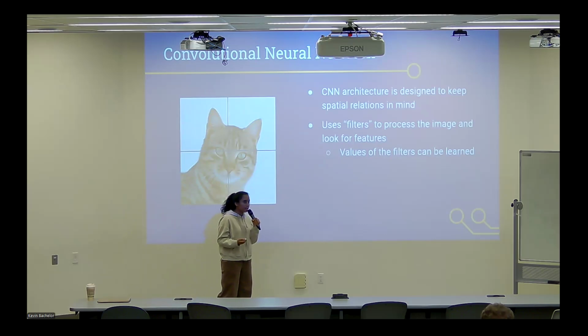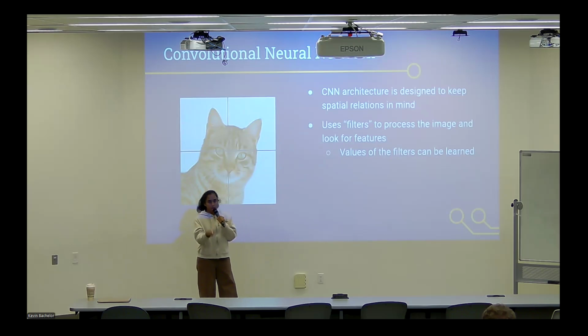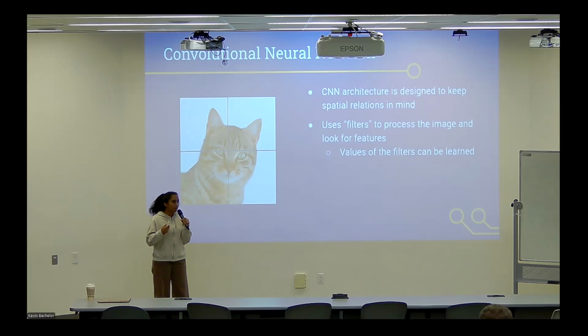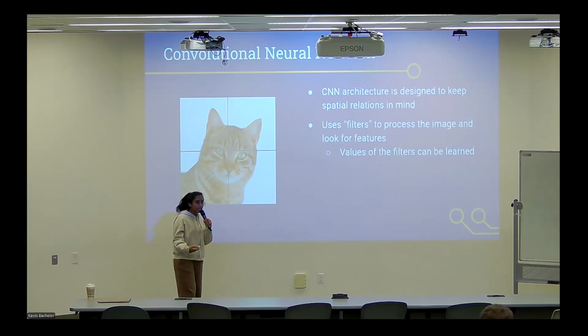So how does it do that? Well, basically a CNN, or a convolutional neural network, has filters. And these filters essentially process the image, and we look for different features. The values of the filters can be learned, so we can train it, we can fine-tune the values of the filters to look for certain features.